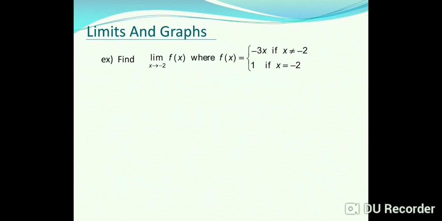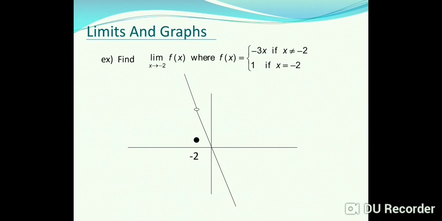For that we consider an example of finding the limit of f of x as x tends to minus 2, where f of x is equal to minus 3x if x is not equal to minus 2, and f of x is equal to 1 if x is equal to minus 2. We consider the graph of that function as follows.